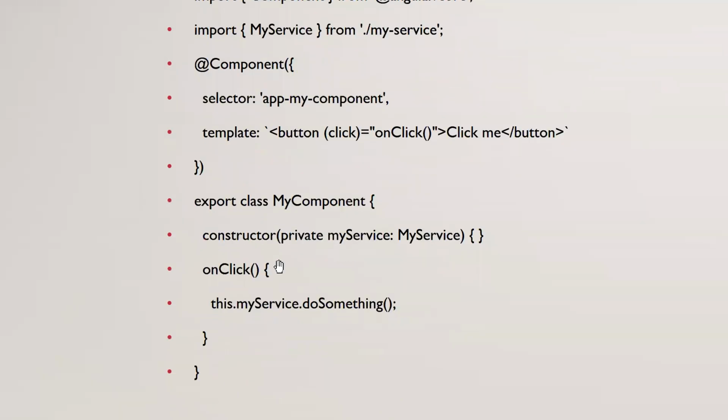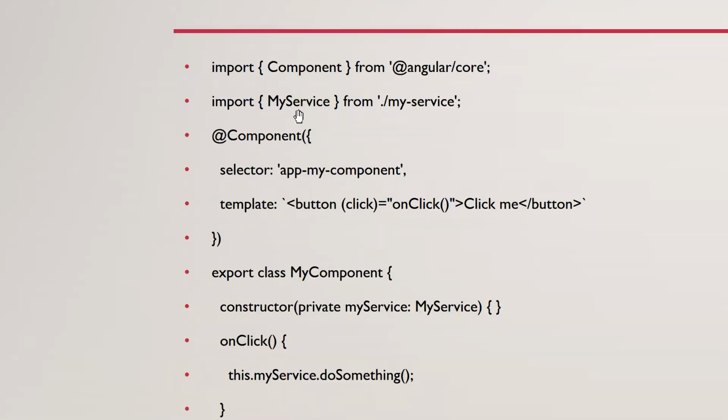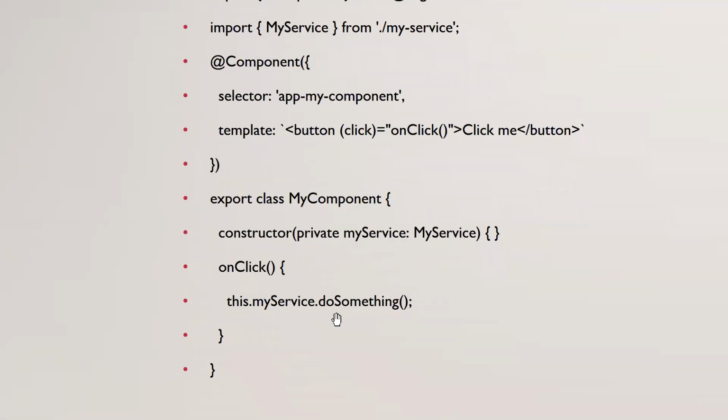And I'm also giving here onClick this.myService.doSomething. this.myService mentions this MyService file, in which, as I told earlier, there is a doSomething function. That doSomething function is what I am going to call.